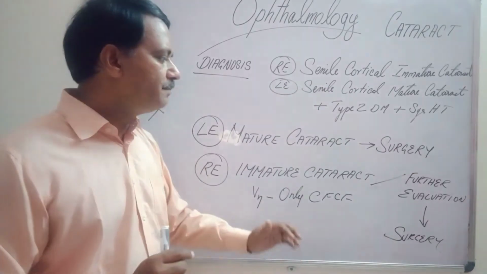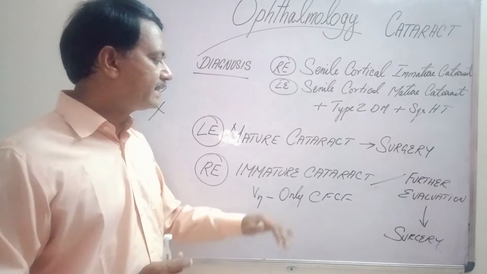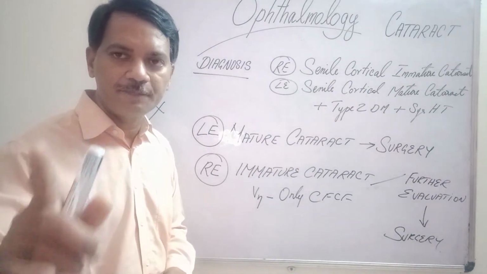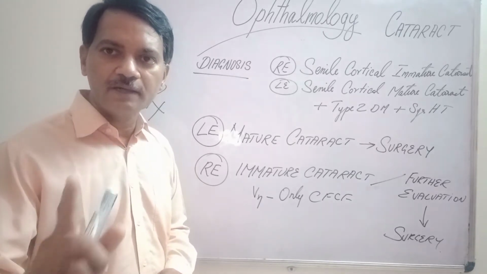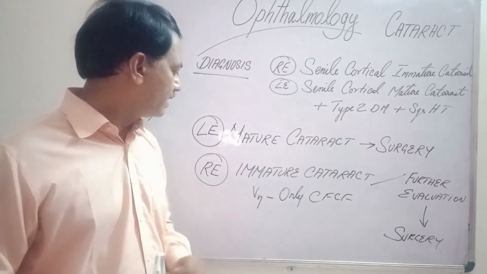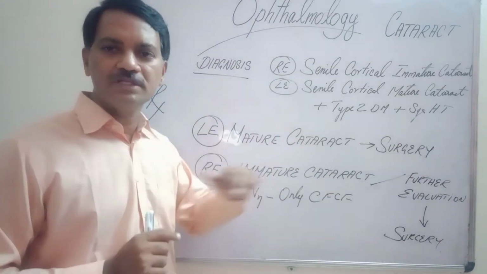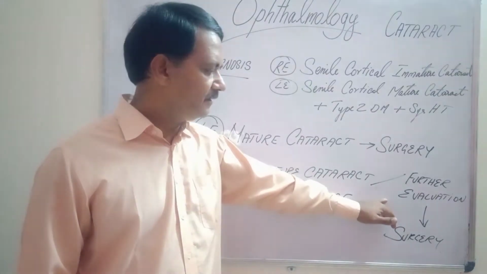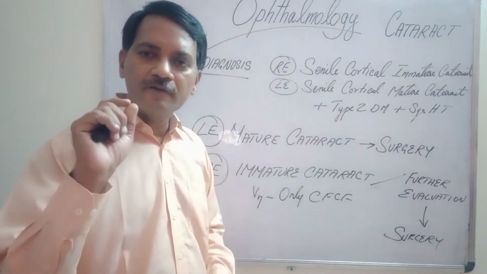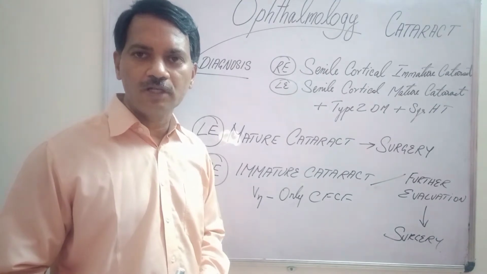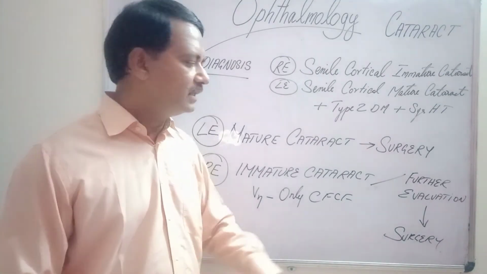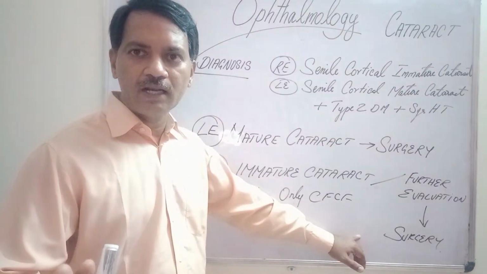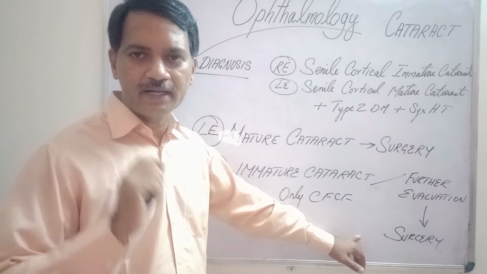We should make sure that the cataract alone is causing defective vision in the right eye, and that there is no other pathology in the right eye causing defective vision. For that, we have to further evaluate the right eye, and if we are very sure that there is no other pathology in the right eye, we also have to proceed with cataract removal and intraocular lens implantation.